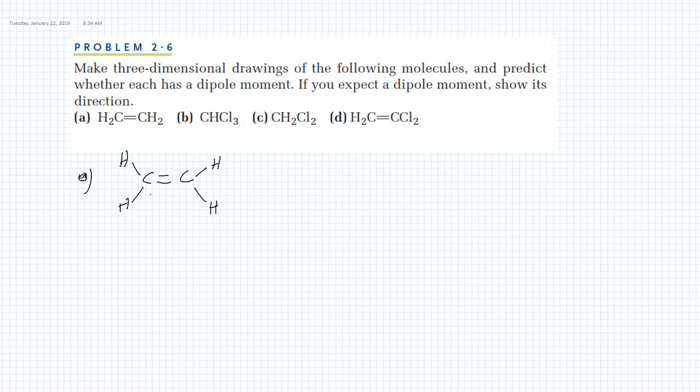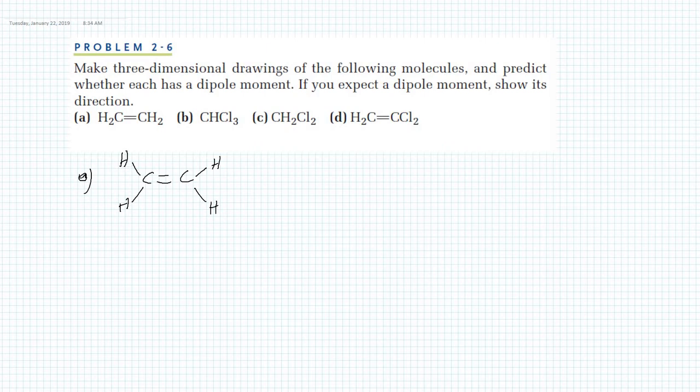And the second part of the question asks whether this molecule has a net dipole moment or not. We are going to say automatically that this molecule does not have a net dipole moment. The reason, it doesn't have any polar bonds, because the carbon-hydrogen bond is not a polar bond.